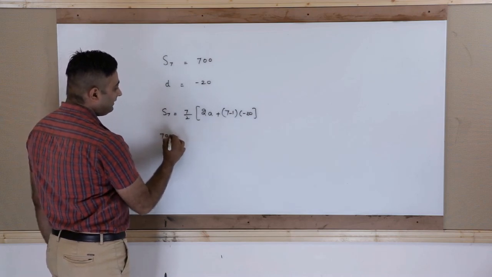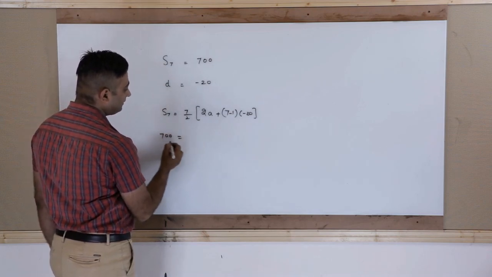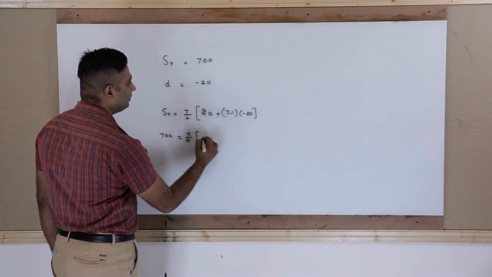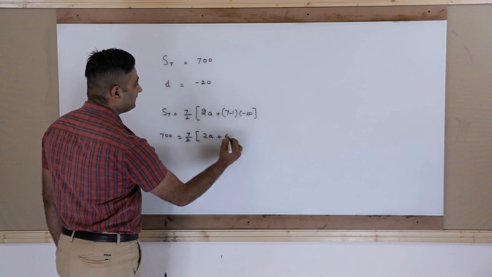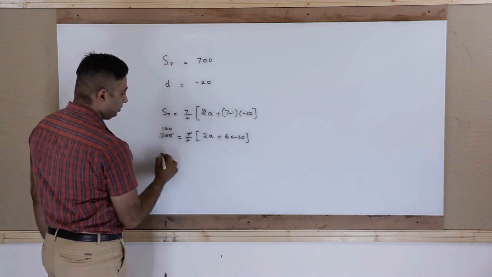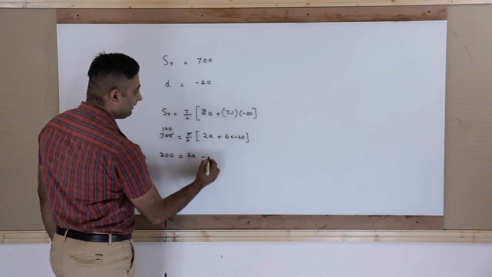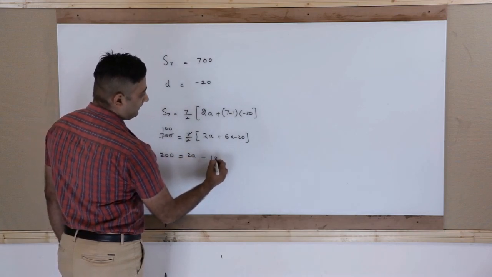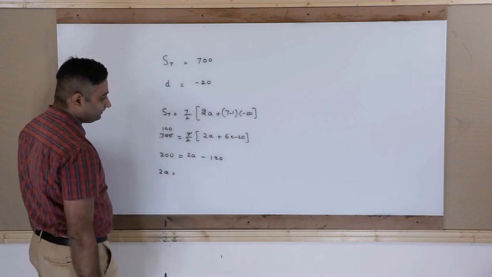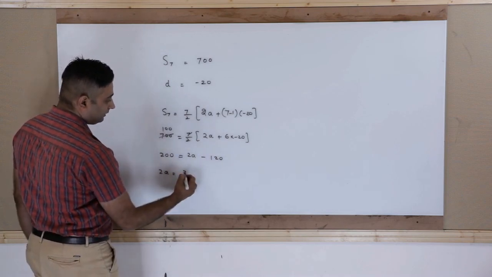Now S7 is 700, that means the sum of the first 7 terms, that is 700, is equal to 7 by 2 times (2A plus 6 into minus 20). That means 200 is equal to 2A minus 120. That means 2A is equal to 320.